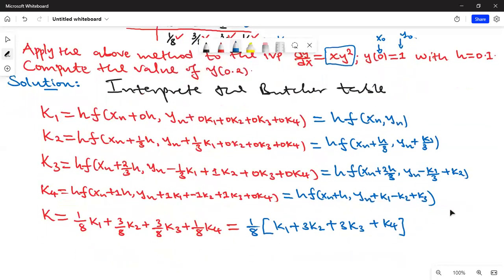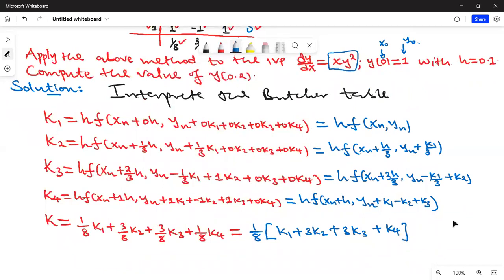Now, from our initial value problem, what are we given? You can write from the IVP, we have x naught is equal to 0, y naught is equal to 1.